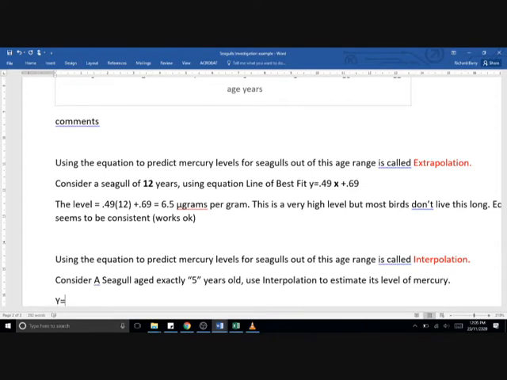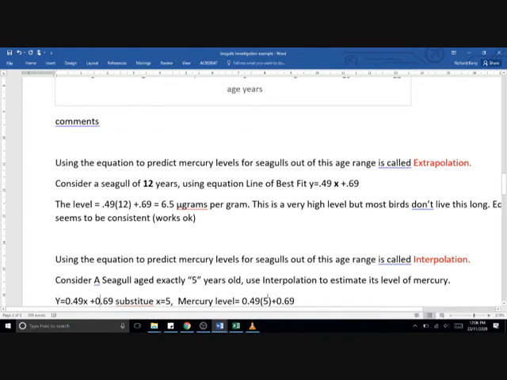If y equals 0.49x plus 0.69, substitute x equals 5. Mercury level equals 0.49 times 5 plus 0.69.